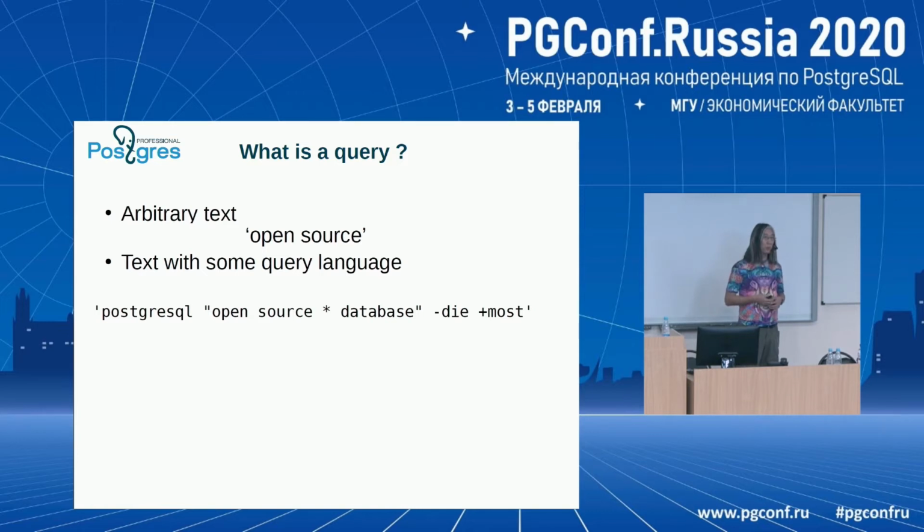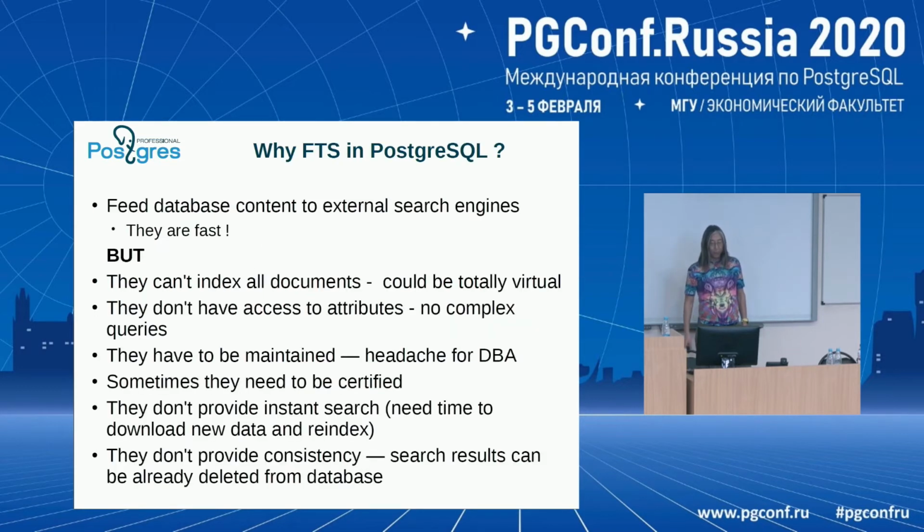So it's a kind of query language. These languages are multiple. We used to use logical queries like null, node, contains, but people are now using things like phrase search and so on. So now you have some understanding of what FTS is and what I'm talking about.